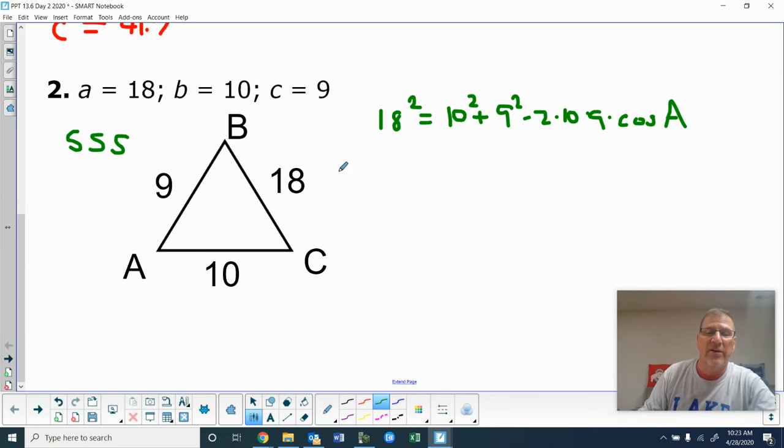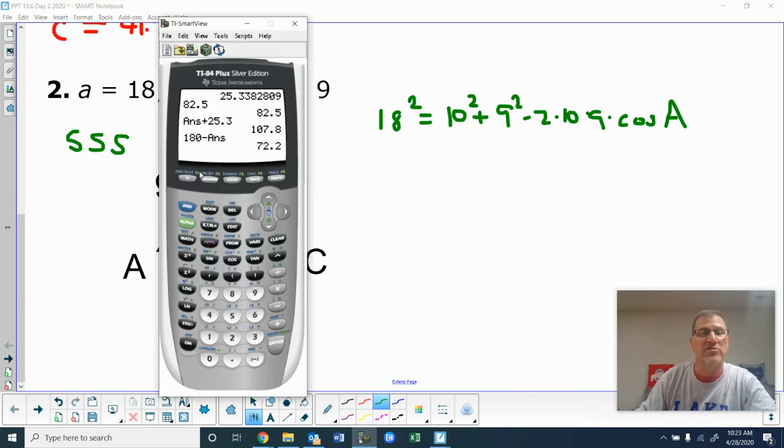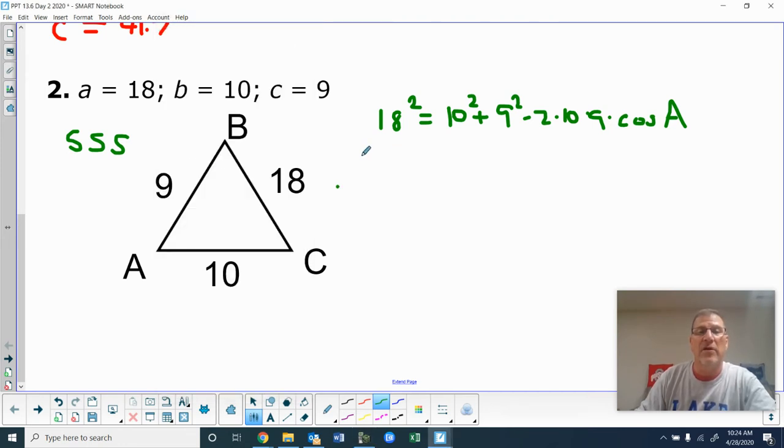All right, 18 squared, I believe, is 324. Let me check that quick. Yeah, so I got 324 on this side. 10 squared is 100. You guys know that. 9 squared is 81. We know that. And then 10 times 9 is 90, times 2 would be 180.